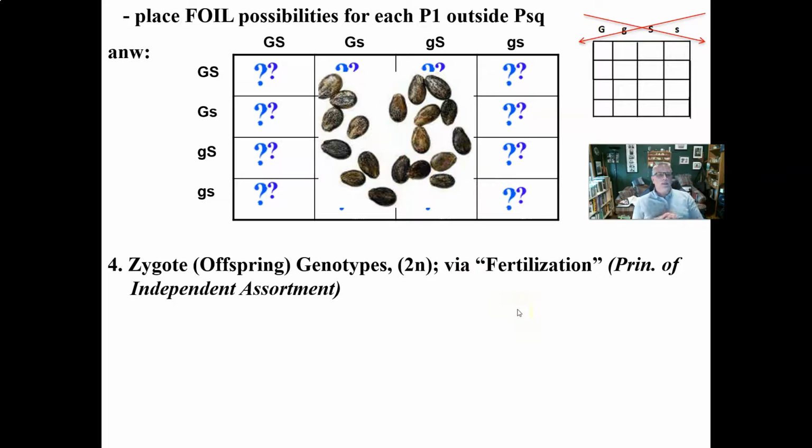This also helps to prove the independent assortment principle. That just because you're green doesn't mean you're striped. You can be green and solid as well, right? You could be small and striped, small and solid. So color and pattern are independent of each other in the watermelon world. It's just like humans.